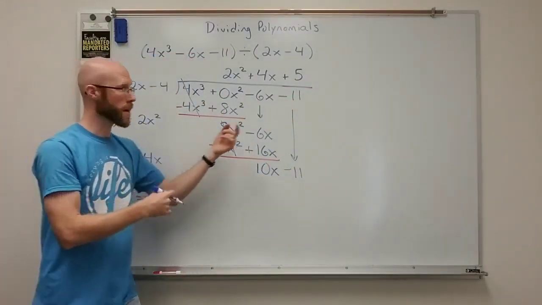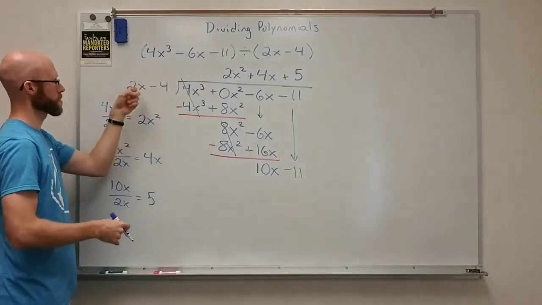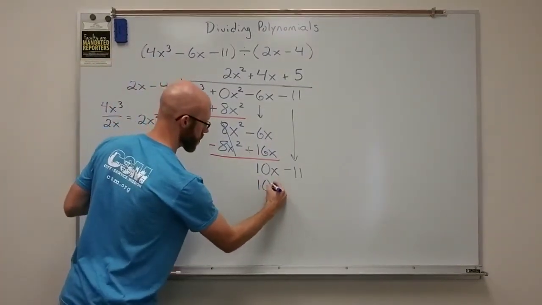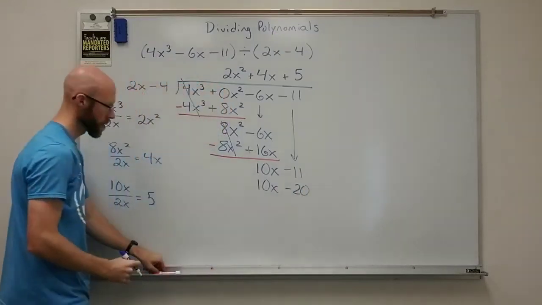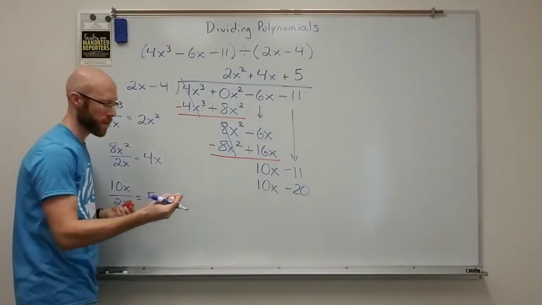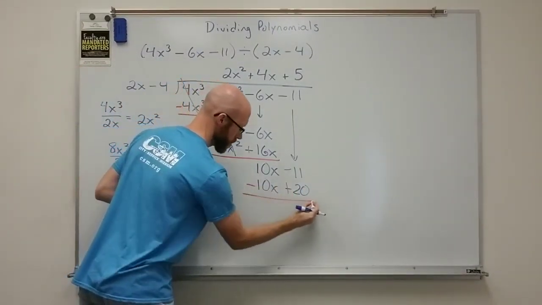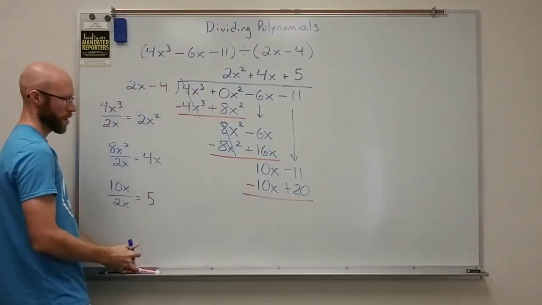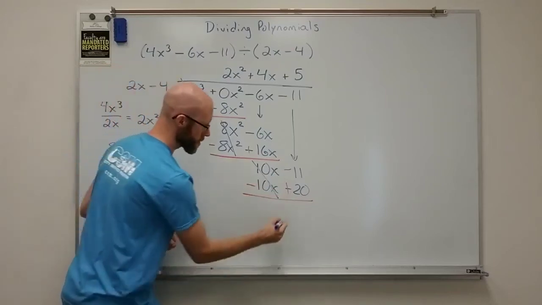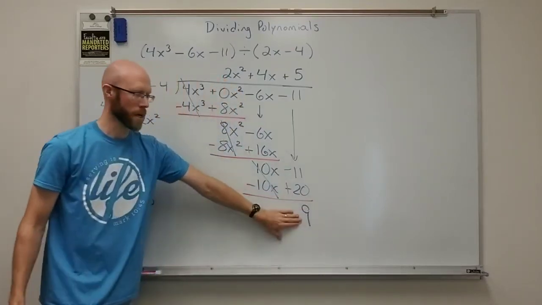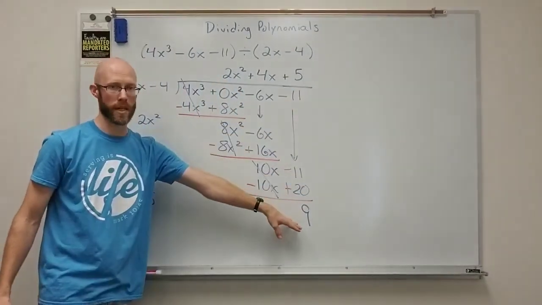And then we distribute down again. So 5 times 2x is 10x. 5 times negative 4 is negative 20. Again, change the sign, draw the line. And the 10x's drop out. Negative 11 plus 20 is 9. Our remainder here is 9. There's nothing else to bring down.